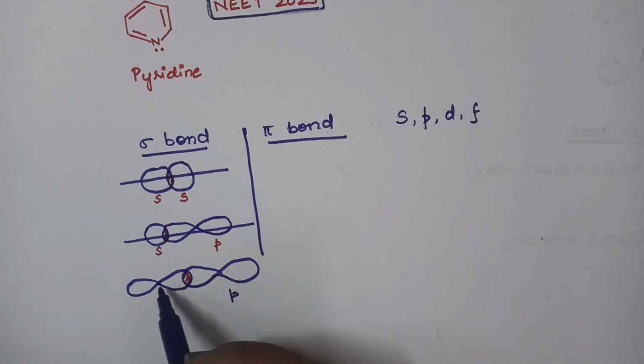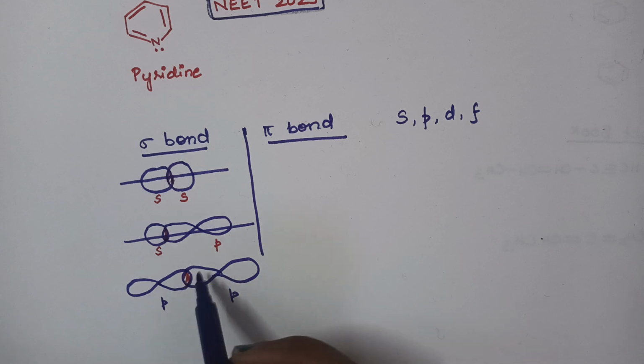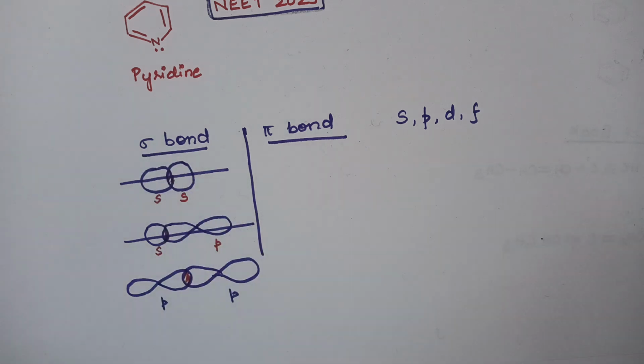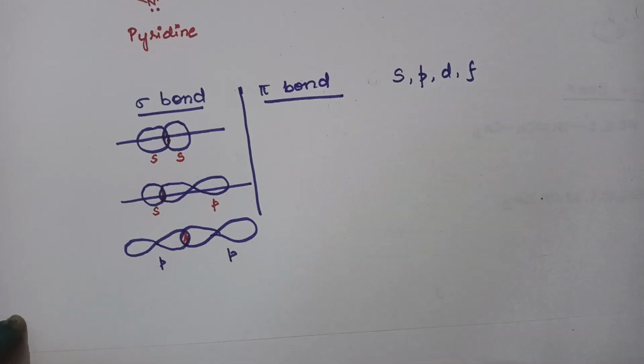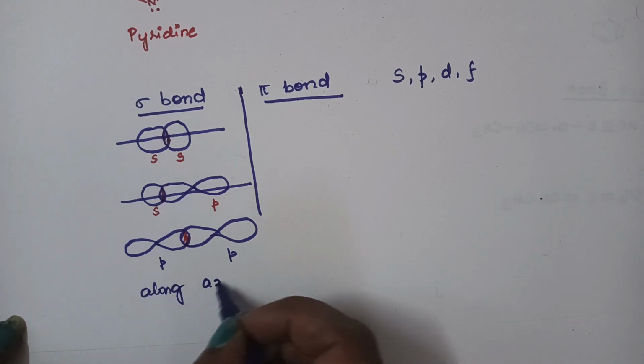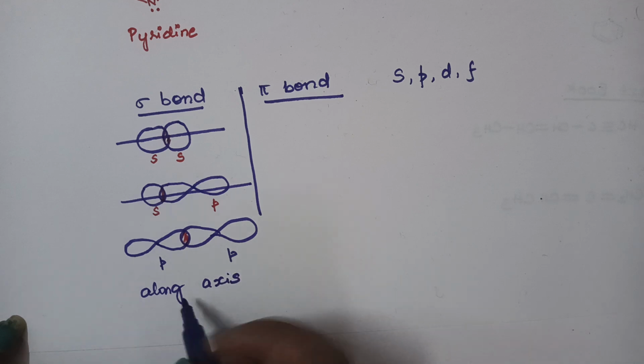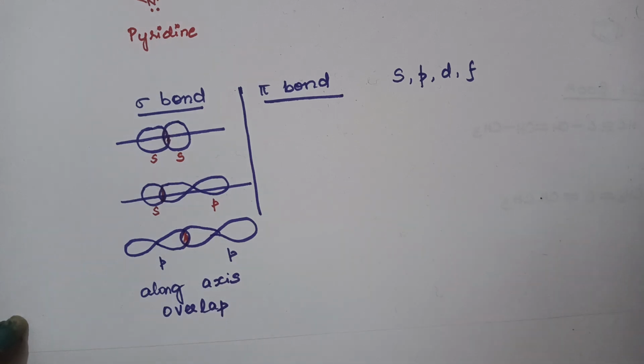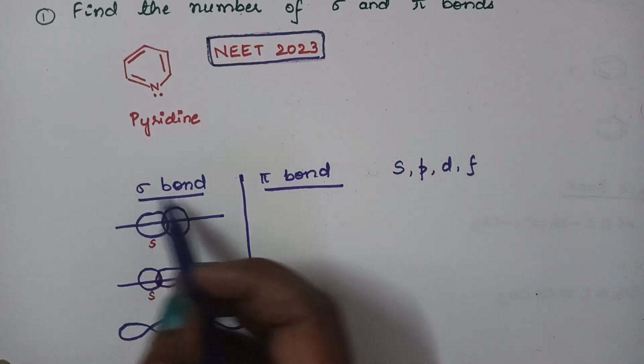If it overlaps like this along the axis, it results in the formation of a sigma bond. So if the orbitals overlap along the axis, then it results in the formation of a sigma bond.